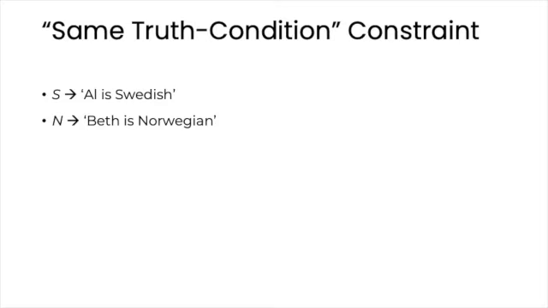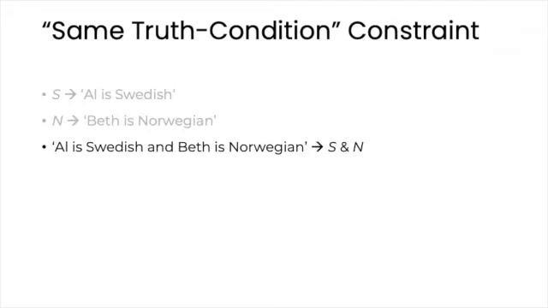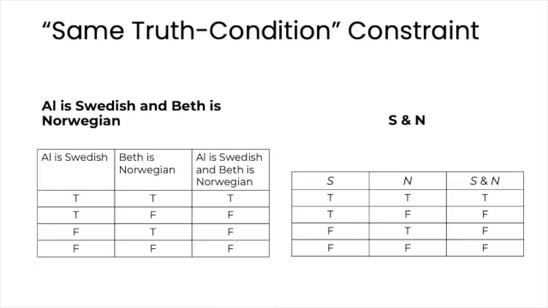Thus, suppose that S is "Al is Swedish" and N is "Beth is Norwegian." Then "Al is Swedish and Beth is Norwegian" is represented as S ampersand N. We can see that the English sentence and the SL sentence S ampersand N are true and false in exactly the same situations.